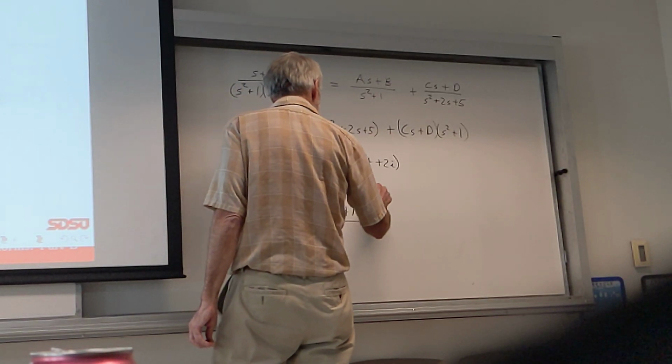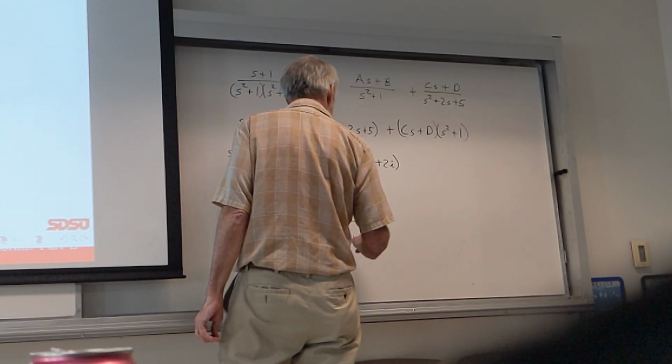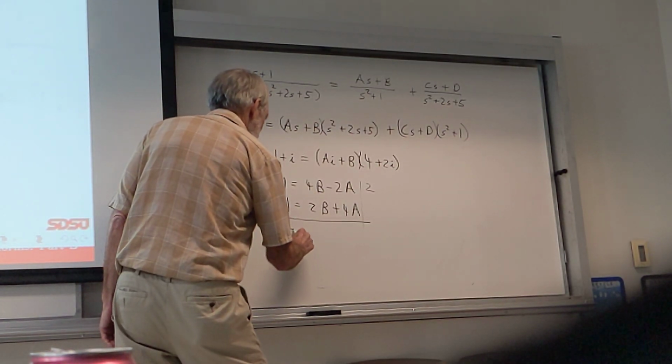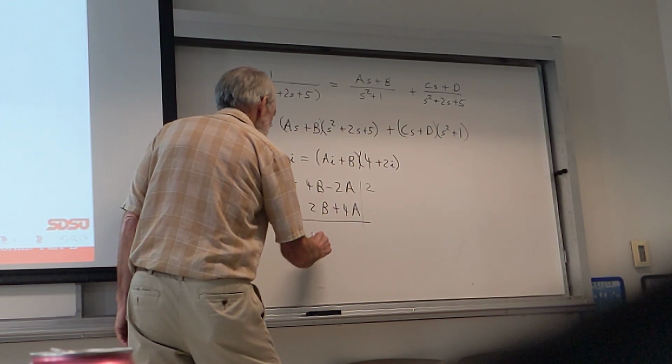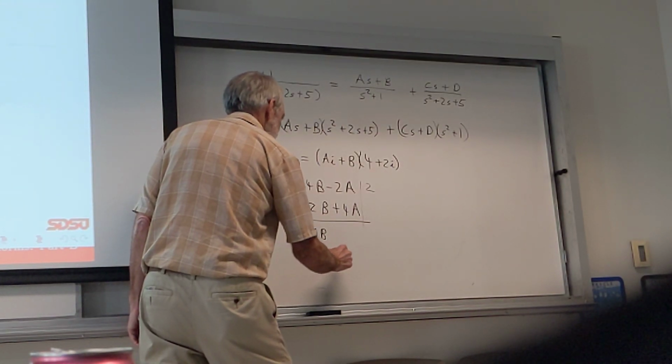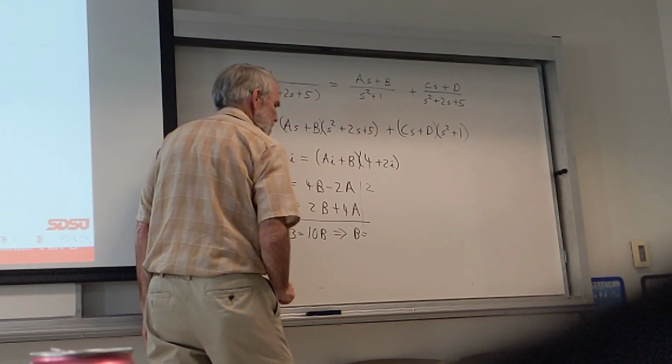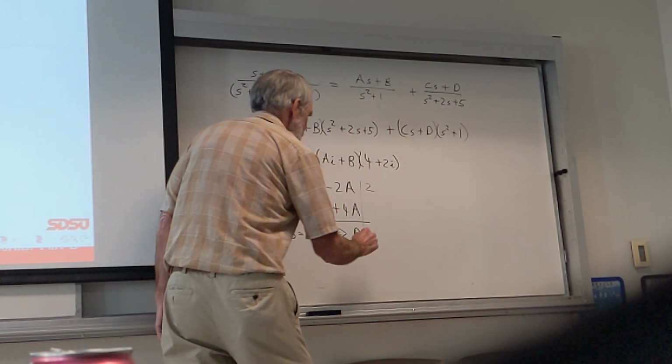Let's take 2 times this equation and add them. We're going to get 3 equals 10b. So b equals what? 3/10.